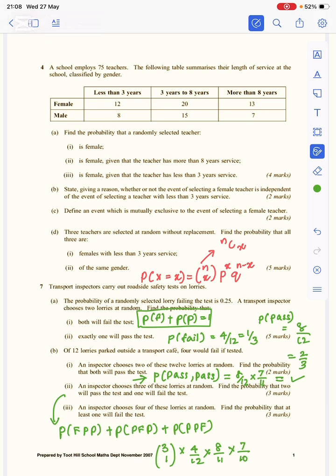Got it? One by one reducing, right? So this one will be 3 times 4 into 8 into 7 divided by 12 into 11 into 10. So you can get the answer by simplifying this one. It will be 28 divided by 55.